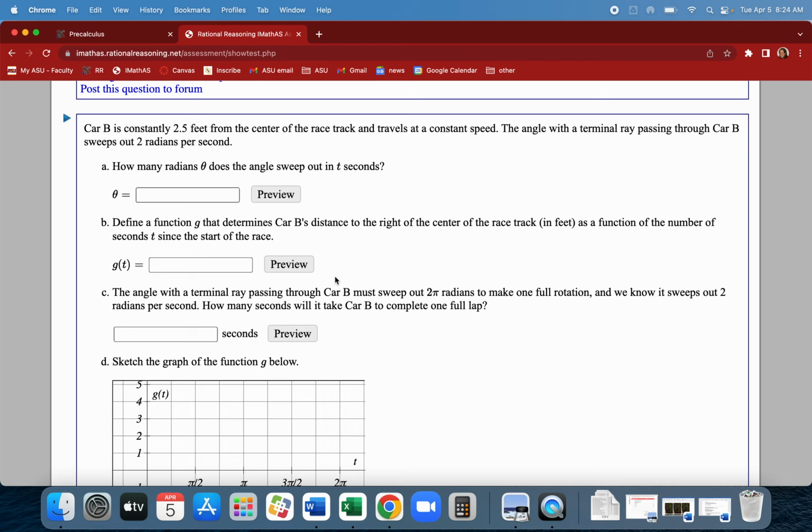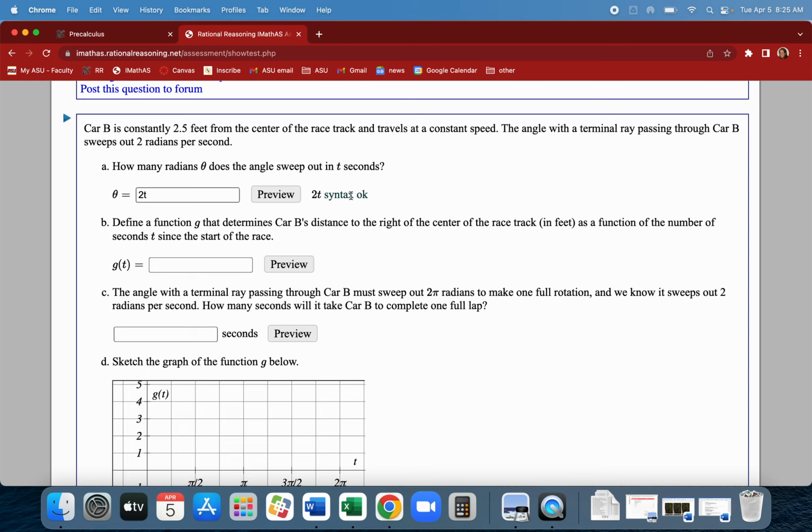If you're confused about what to do, think about a few specific number examples. So after 1 second, if t is 1, this is supposed to be going through 2 radians per second. So if t is 1, I should have 2 as my number for theta. 2 is the angle, 2 radians. After 2 seconds, it should be 4. After 3 seconds, it should be 6, and so forth. So however many seconds have gone by, theta should be 2 times that. The angle in radians, theta, should be 2 times the number of seconds, 2t.